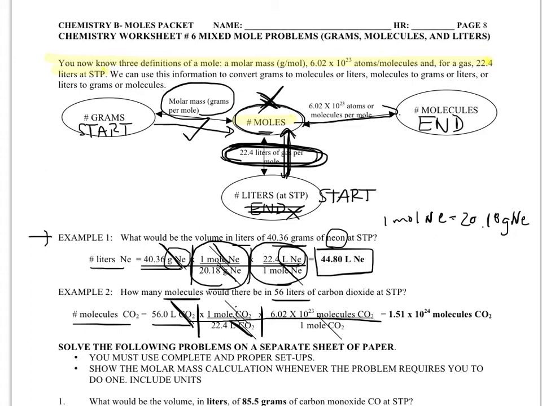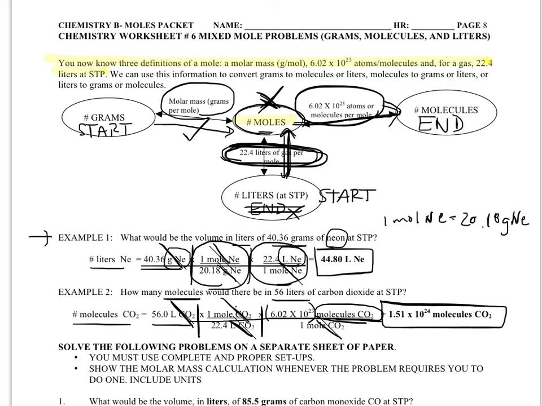But that means I've gotten myself to the center of my chart, so now I need to go from moles to molecules, and I'm going to use Avogadro's number. I put moles on the bottom so that I can cancel out, and now I'm left in molecules, which means I am ready to solve, making sure that I'm putting the 6.02 times 10 to the 23rd in parentheses, and getting a final answer of 1.51 times 10 to the 24th molecules of carbon dioxide.